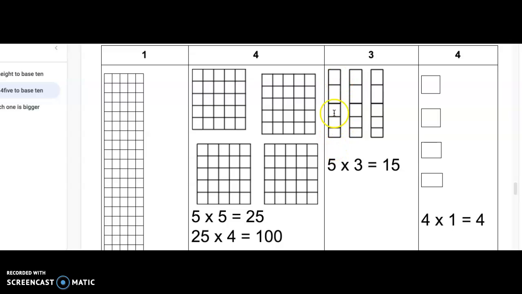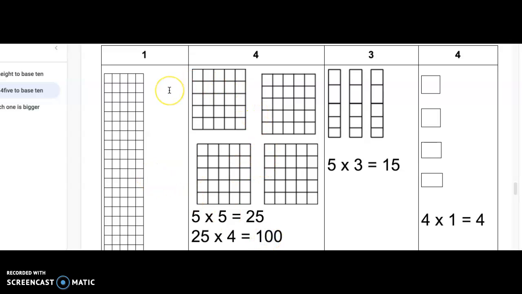So 5 times your 3, that's going to give you 15. Then moving up to your hundreds column, you have 4 cubes, and each of them are 5 by 5s. So since there's 4 of them, you're going to take 25 times 4, because 5 times 5 is 25, and there are 4 of them. And that will give you 100.